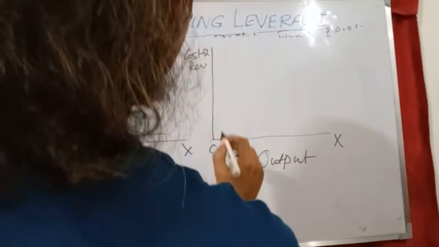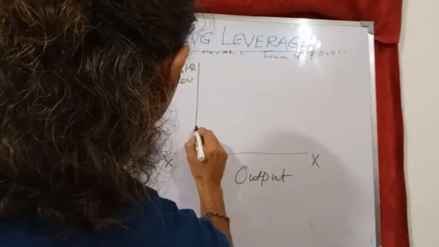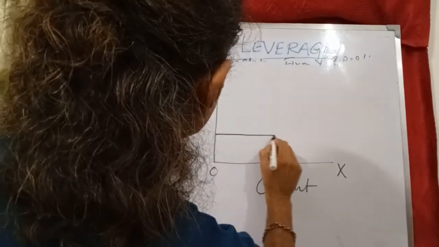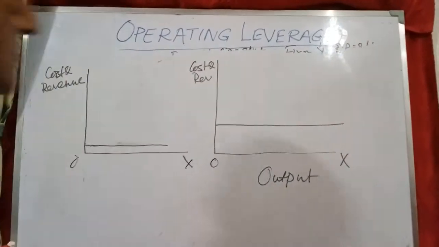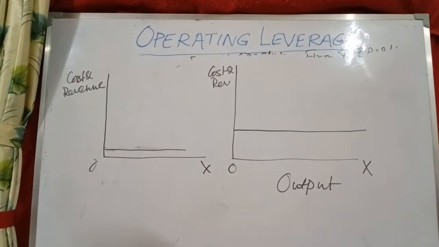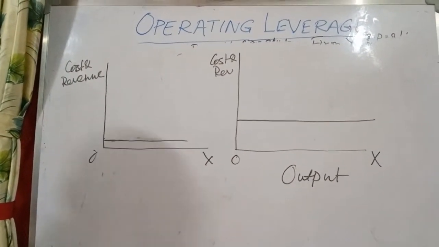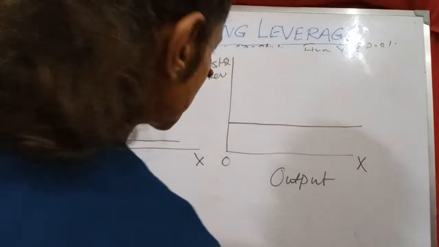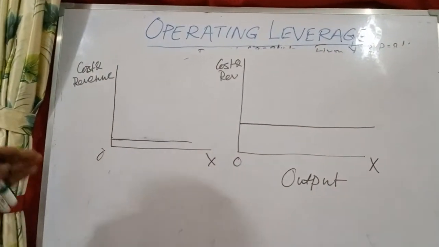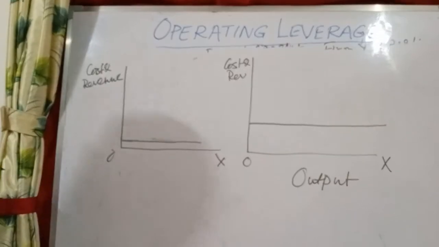Farm Y has much higher fixed cost, let it start from here. Both of them have the same sales price, so the gradient of the sales price line will be the same.